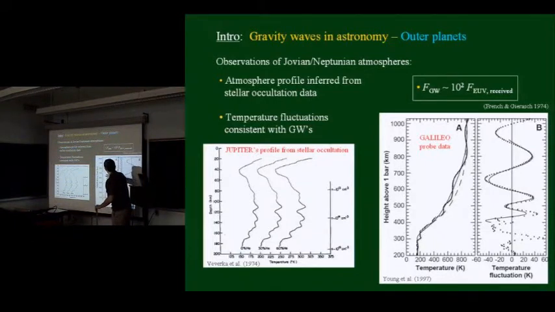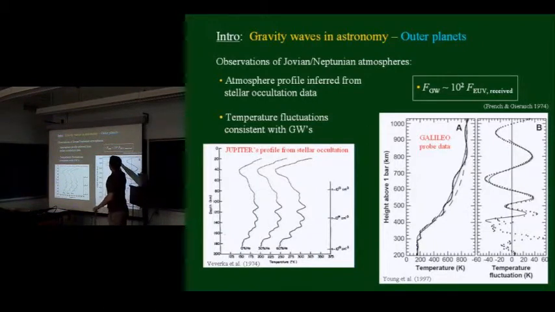So once again, here's the variation in temperature around this mean curve, and you can infer a spectrum of gravity waves from this. And from the temperature increase, you can determine the total energy carried by them.